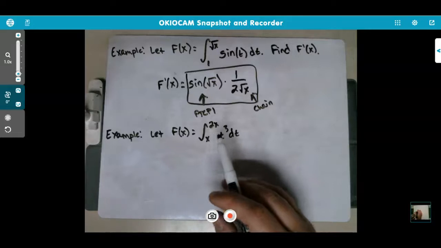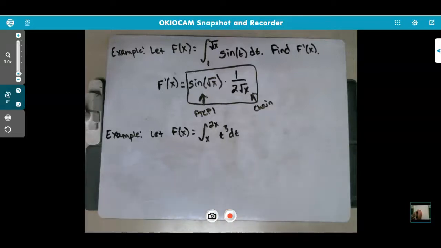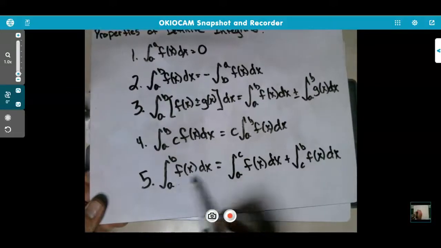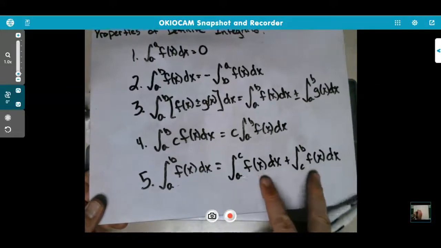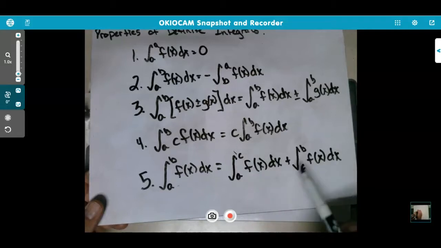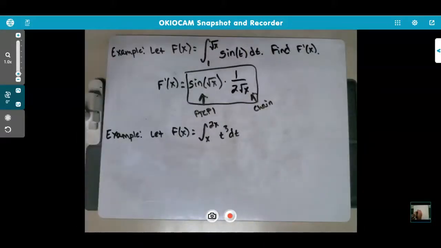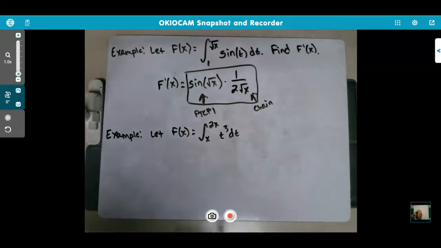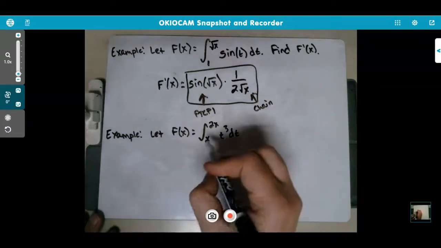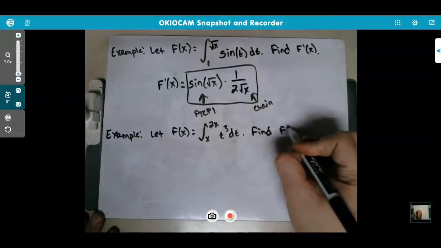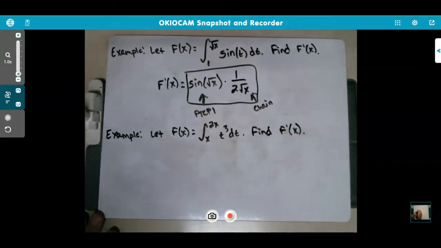So using our rules that we learned, let me find that board where we talked about them. Right here, I can use this last rule and split it into 2 using a constant. It does not matter what the constant is, so I'm going to just use 0. The whole point is we're finding the derivative of that.